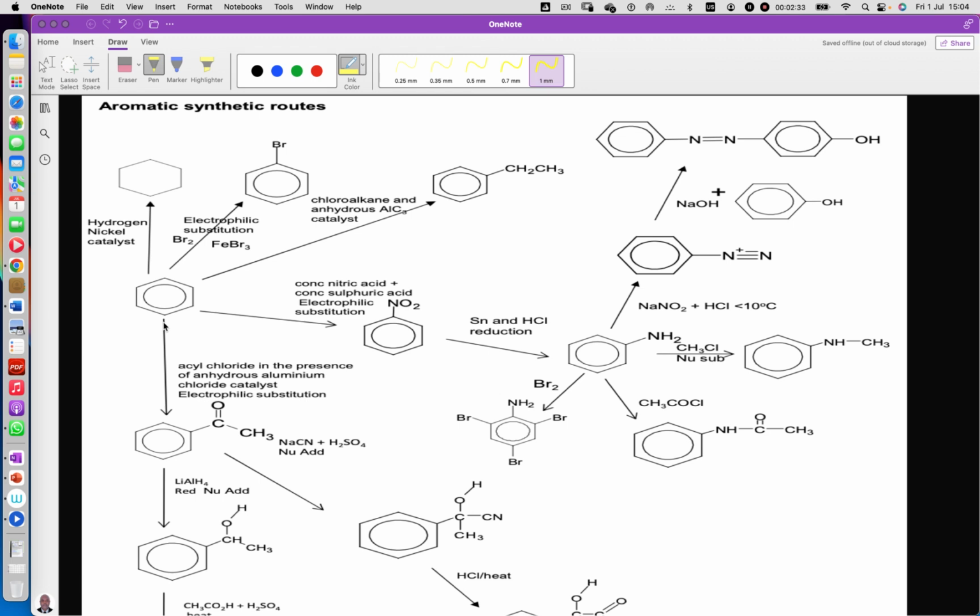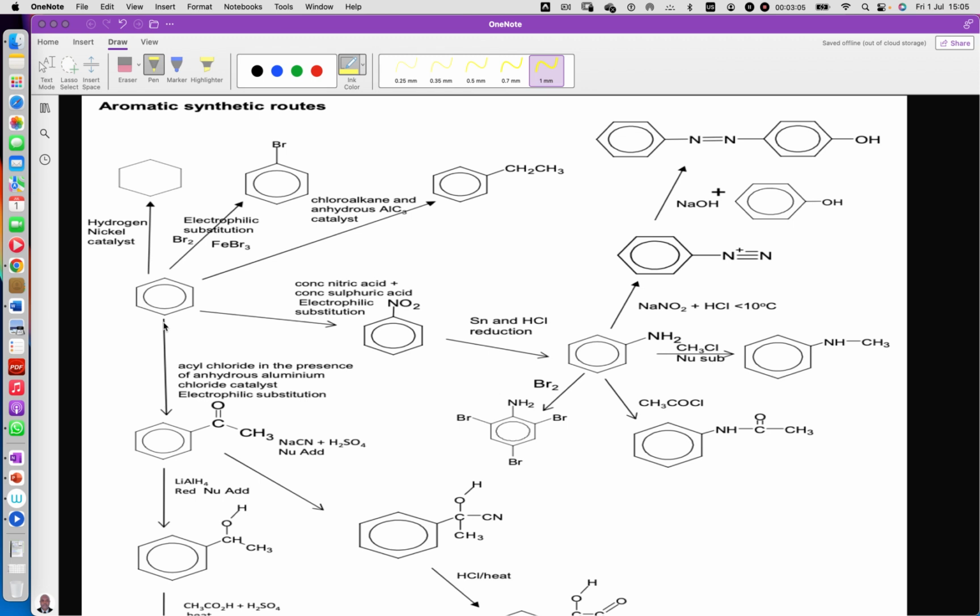But benzene will undergo electrophilic substitution in all its reactions, because of the high density of electrons in the ring.